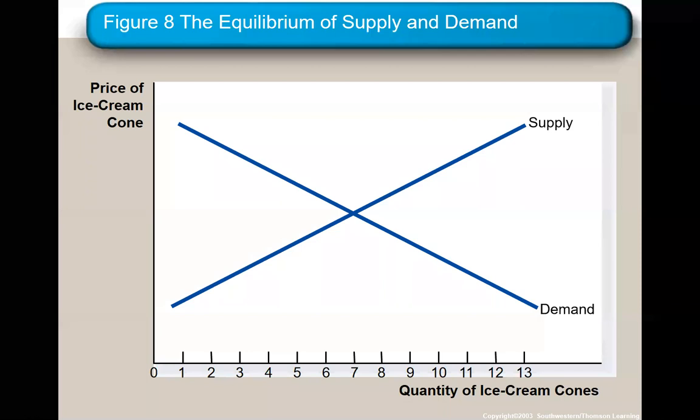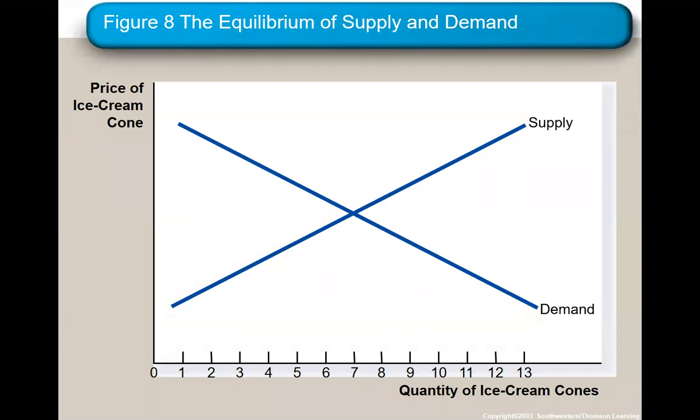Quantity supplied: the amount of goods that sellers are willing and able to sell. Now, quantity supplied changes in two ways. A, price could go up, which causes my quantity supplied to change.